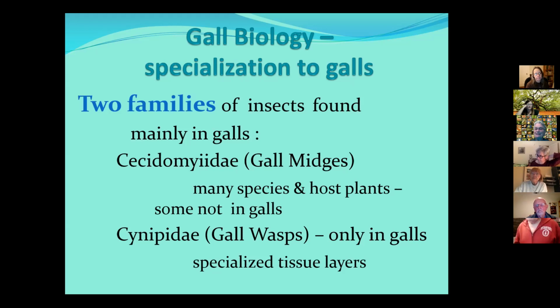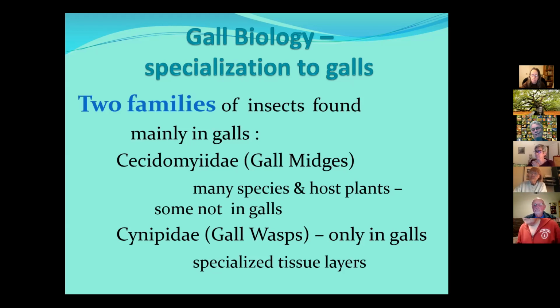The Cecidomyiidae, the gall midges: we have lots of species, lots of plants, and many are undescribed. However, the more work they've done on the gall midges, we now have a whole group of flies in there that are not connected with galls in any way. So we can't say all gall midges are in galls.